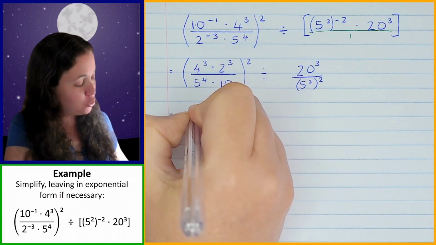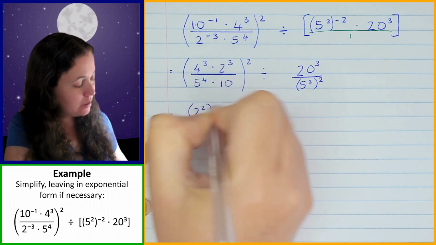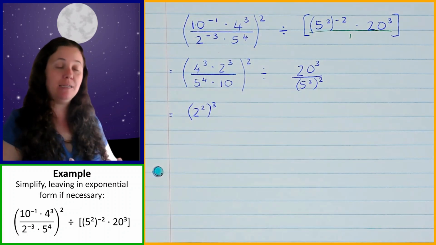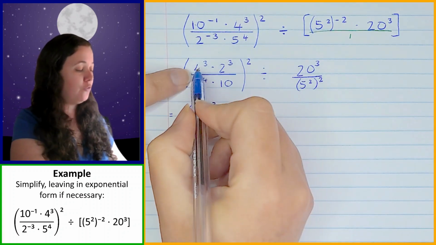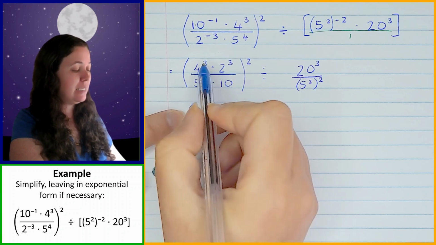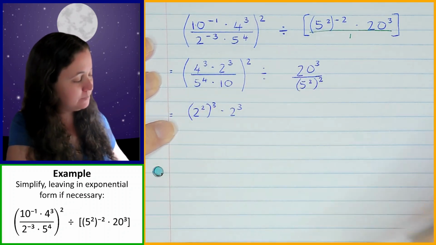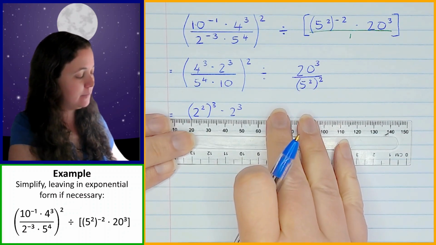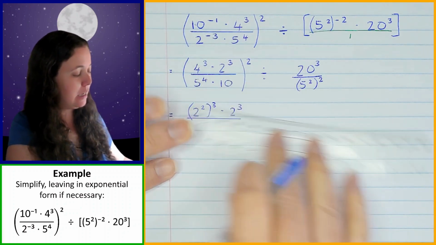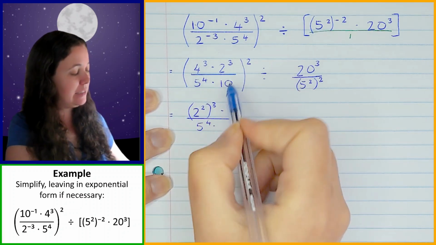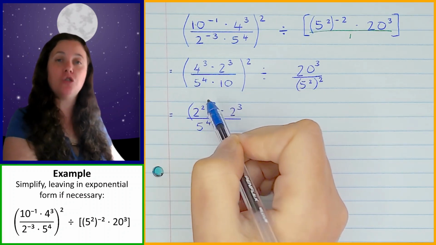So this is 2 squared cubed. Remember, when we change a base, we put it in brackets if it has got an exponent. So the 4 is the same as 2 squared in brackets, and it is being cubed, times 2 cubed, and then that goes over. In my denominator, I've got 5, which is staying as it is, times the 10, which is the same as 2 times 5.